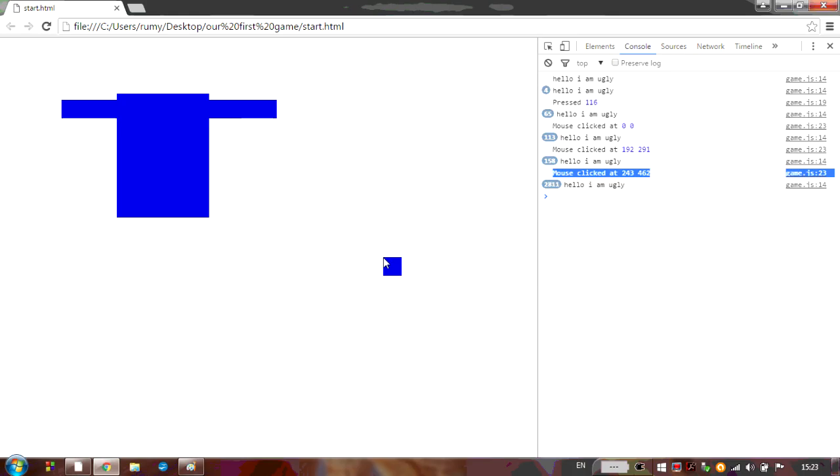You just have to realize that each pixel to the right from the left corner, you're increasing the x by 1, and each pixel going down, you're increasing the y coordinate by 1.